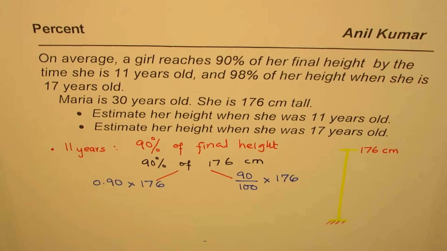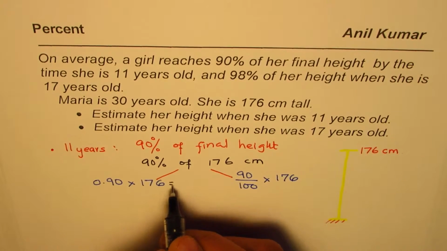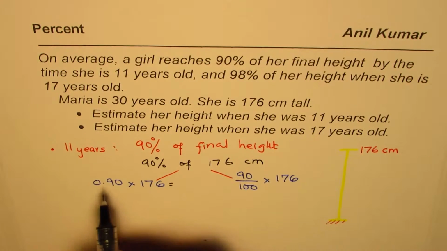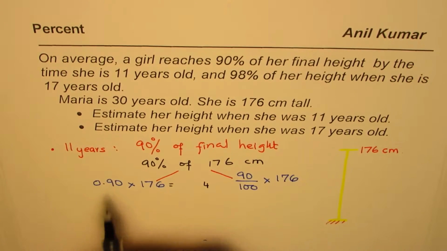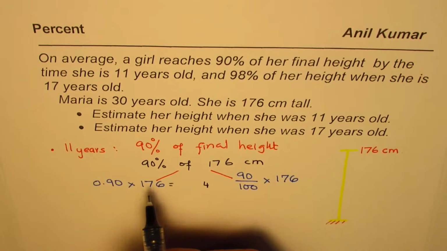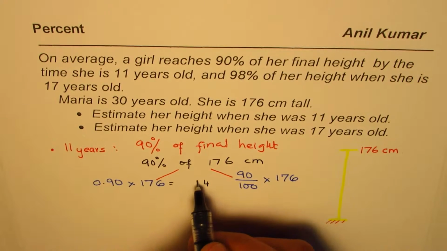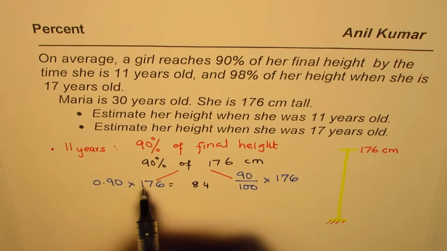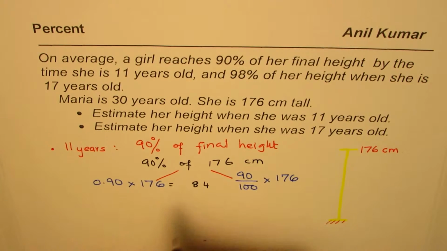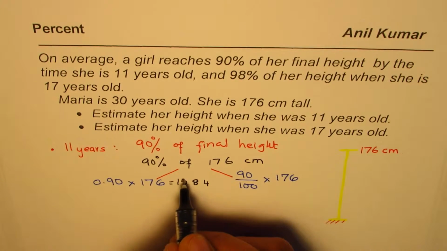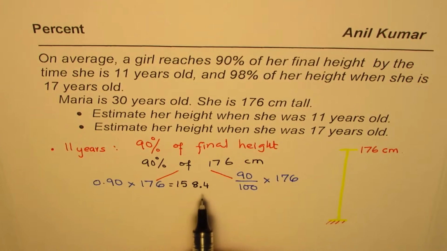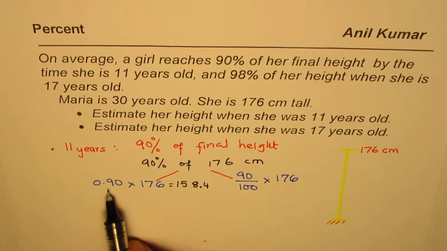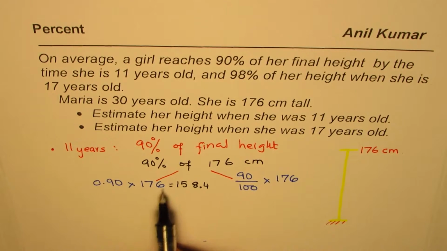So let's do it. So we'll multiply by 9. 9 times 6 is 54. 4. 9 times 7 is 63, and 5. 3 and 5 is 8, 68. 9 times 1 is 9 plus 6 is 15, right? So it is 158.4, right? Now that becomes 0.9 times 176.